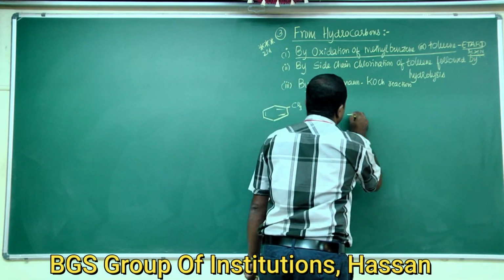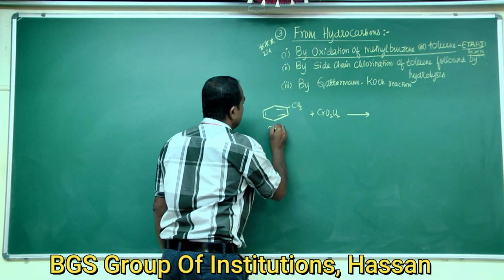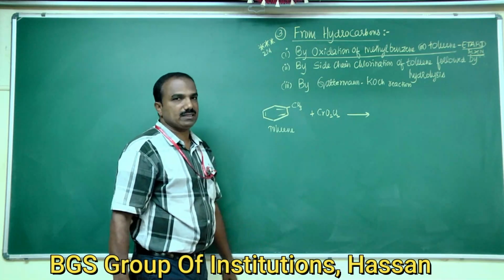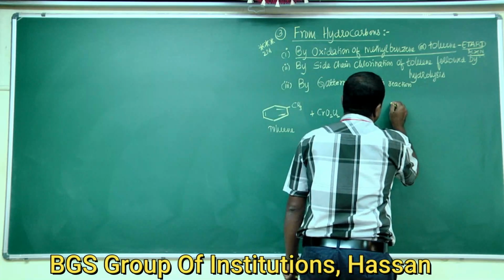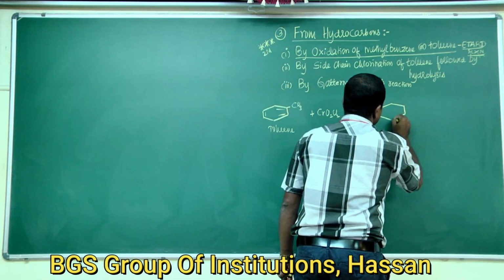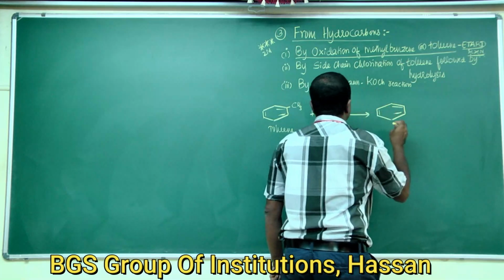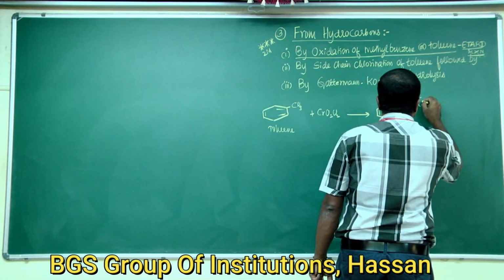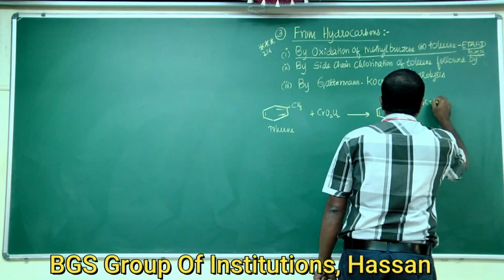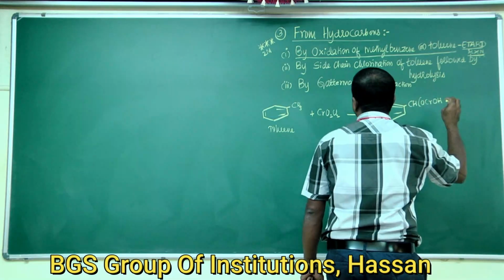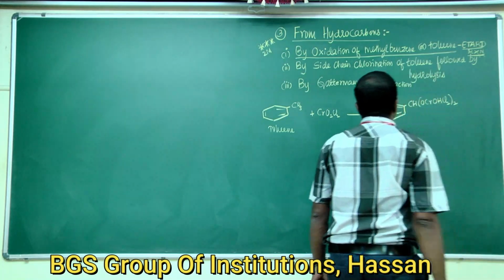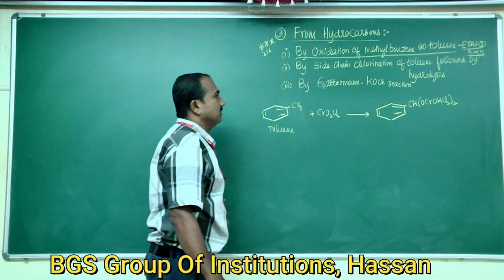On treating with chromyl chloride, we get a chromium complex. The complex is a benzene ring connected to CH, single bracket, O, Cr, OH, Cl2 twice. This is the complex.